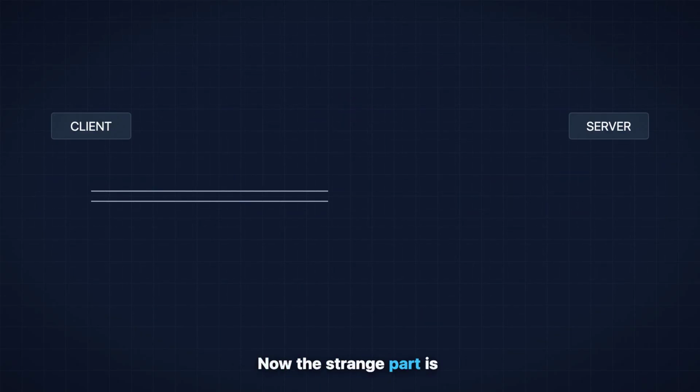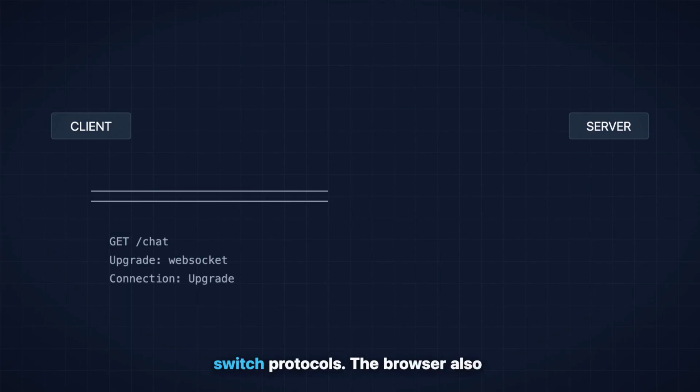Now, the strange part is that a WebSocket doesn't start as a WebSocket. It begins looking surprisingly familiar. Well, almost familiar. It's an HTTP request to a normal URL, but it carries a set of headers asking the server to switch protocols. The browser also sends a random WebSocket key.